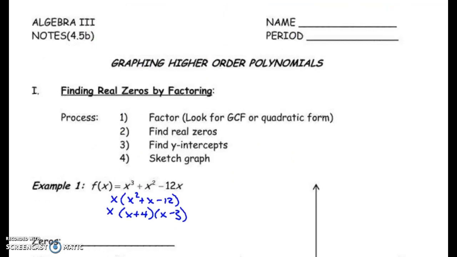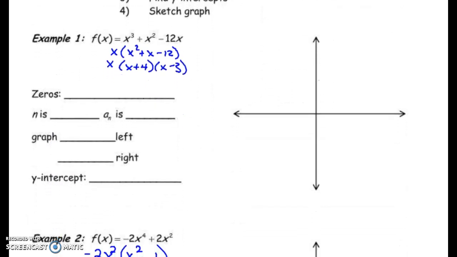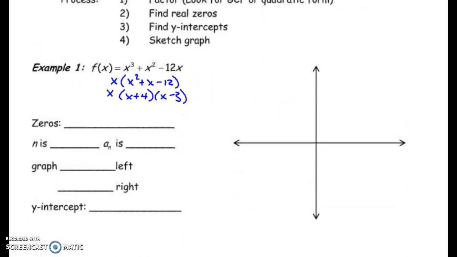Let me scroll this down here. So when we do this problem here, I've already taken out the x. Notice we get an x squared plus x minus 12. That'll factor into a plus 4 and a minus 3. That means here we're going to get a 0, so we plot it.